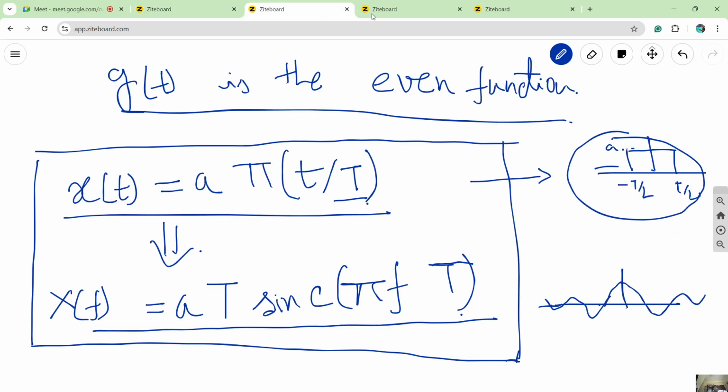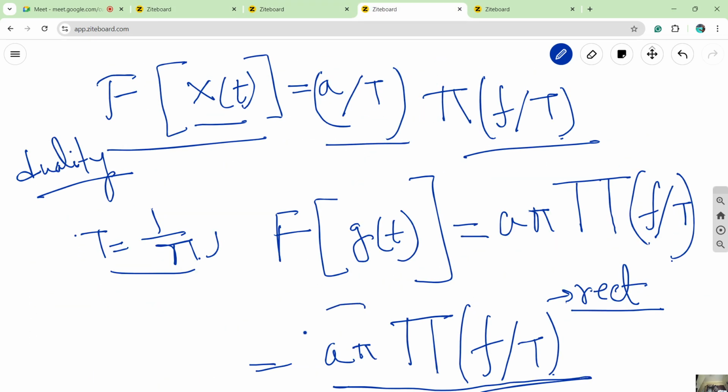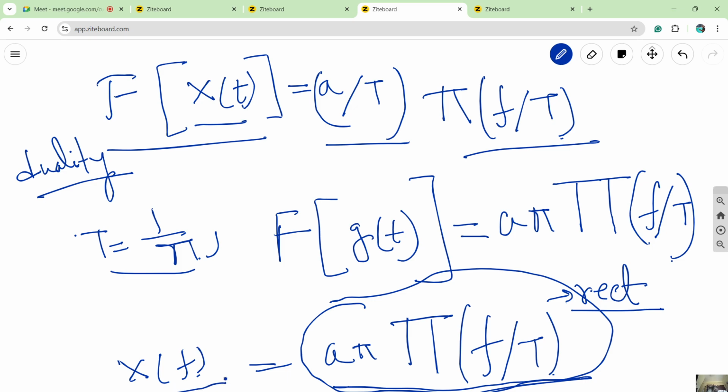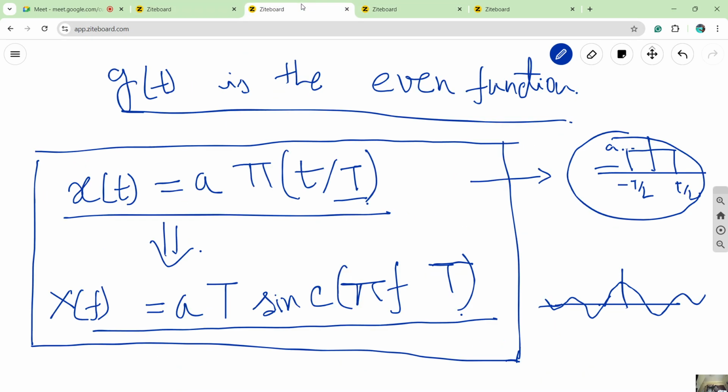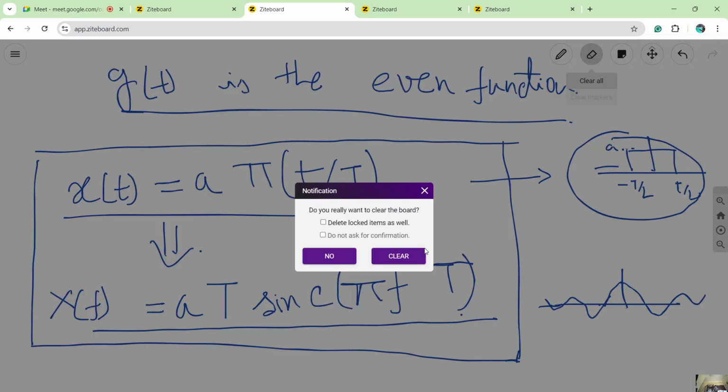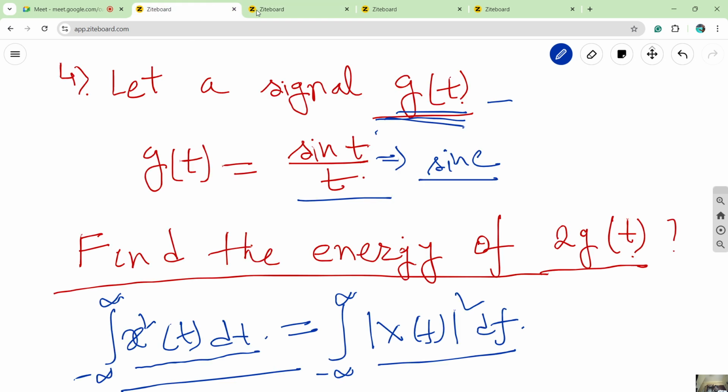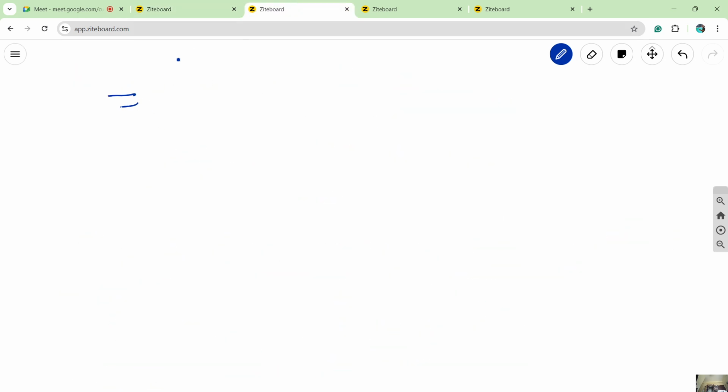Now we know what the X(f) is here. This is the X(f). So from here, we can calculate the energy like this. We have to calculate this value from Parseval's theorem: mod of X(f) square df from minus infinity to infinity.